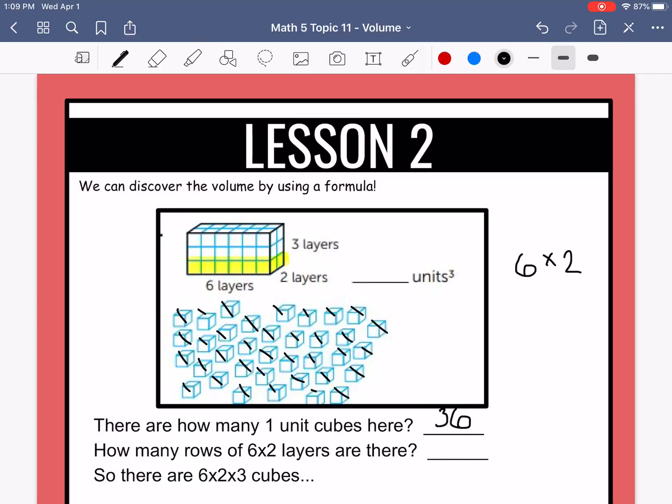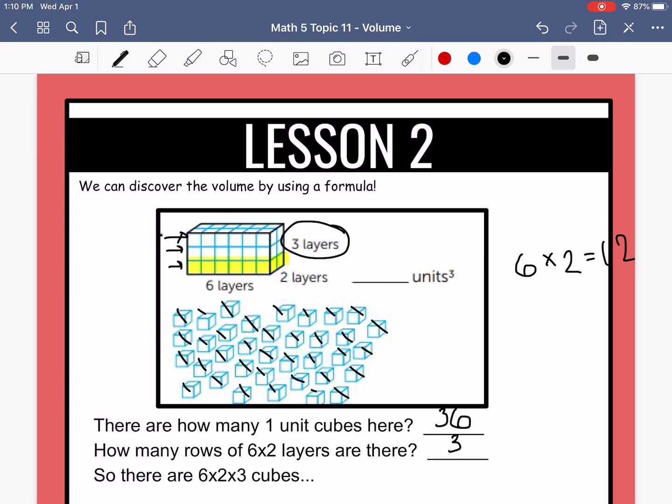Well, we know to find area, we can do 6 times 2, and we got 12. Now, how many layers are there? Well, there is 1, 2, and 3 layers. Right here, 3 layers.